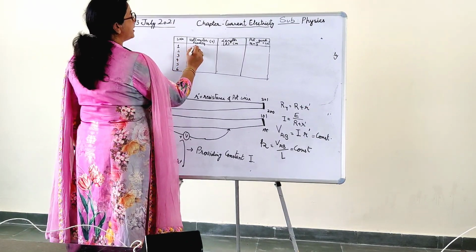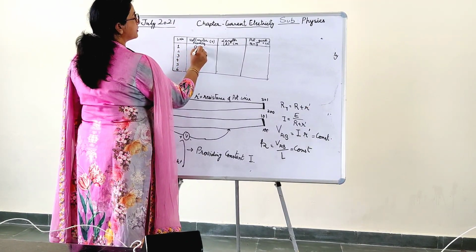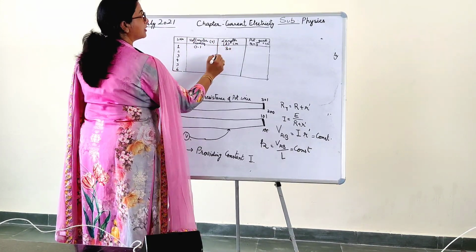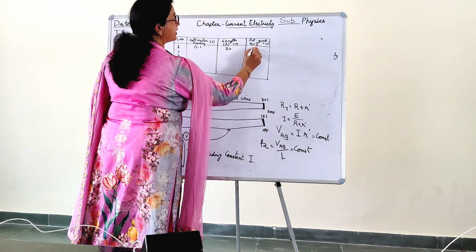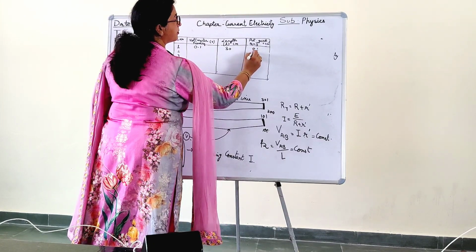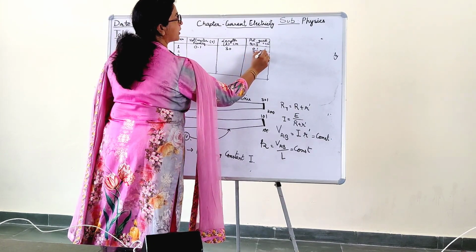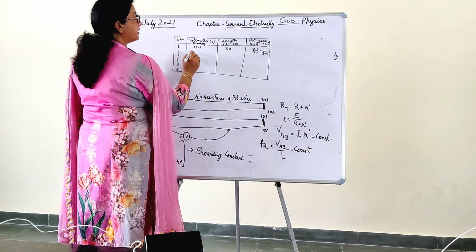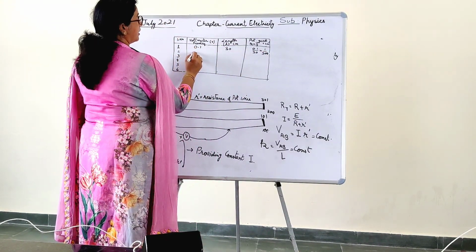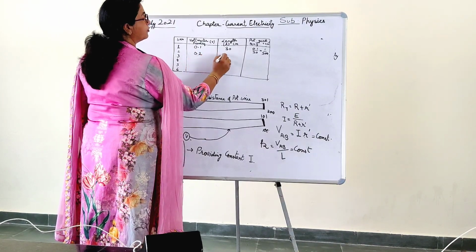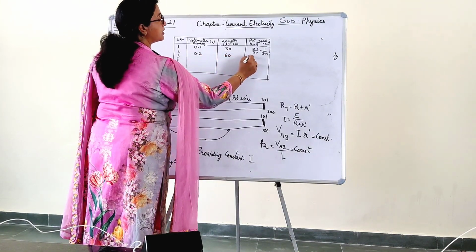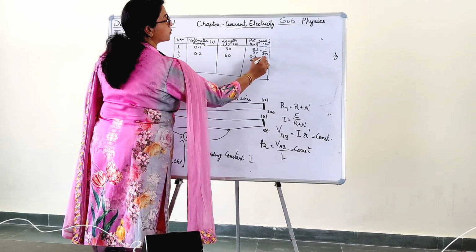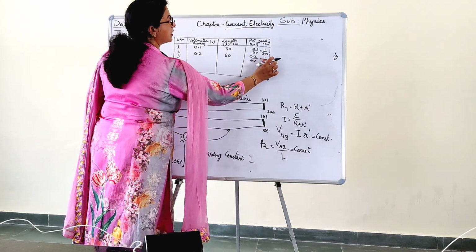So the voltmeter reading was 0.1, length was 30, potential gradient is 0.1 divided by 30, which is 1 by 300 volt per centimeter. Reading was 0.2, length was 60, 0.2 divided by 60 is 1 by 300.